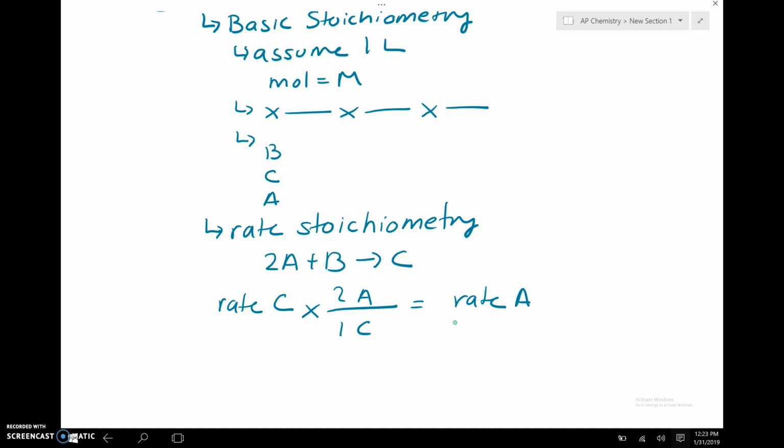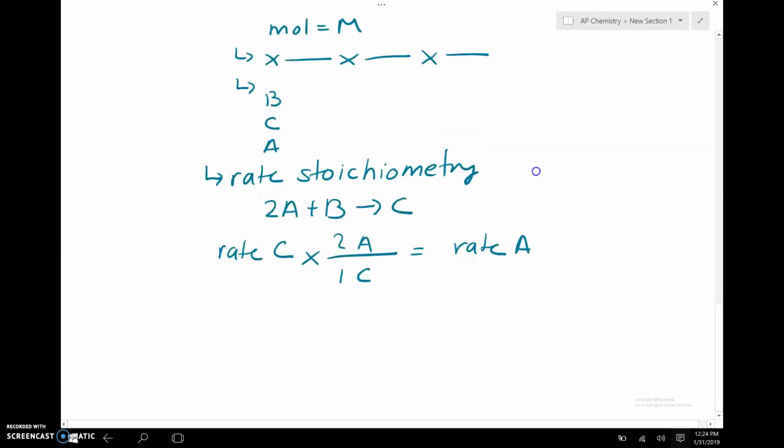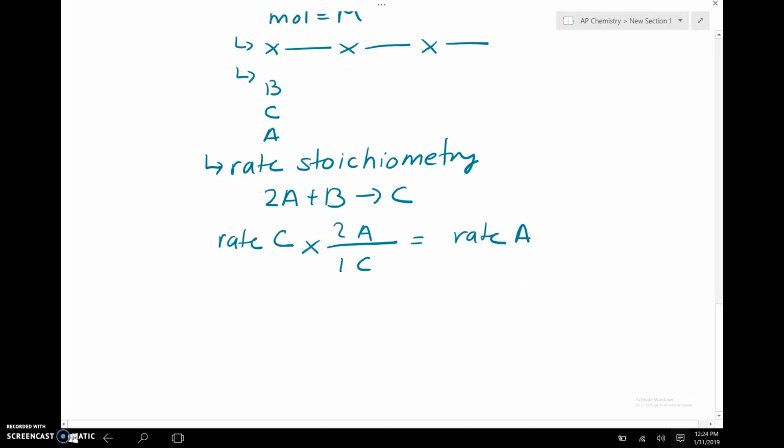Just remember that sometimes they might call it the rate of disappearance of a reactant and the rate of appearance of a product. So just keep that in mind as well, right? Disappearance and appearance. Cool.